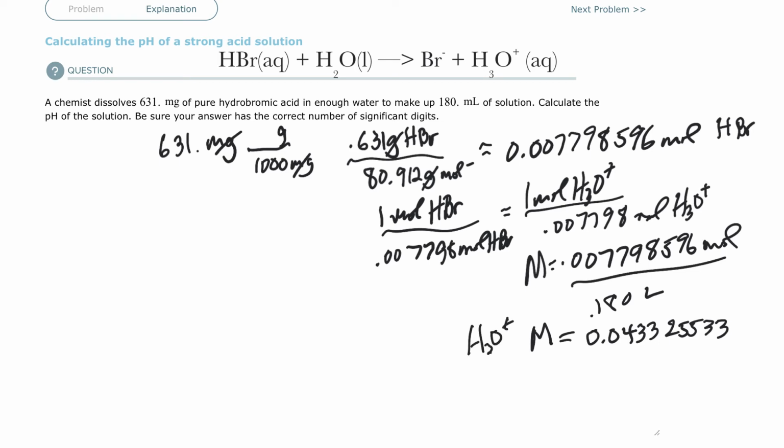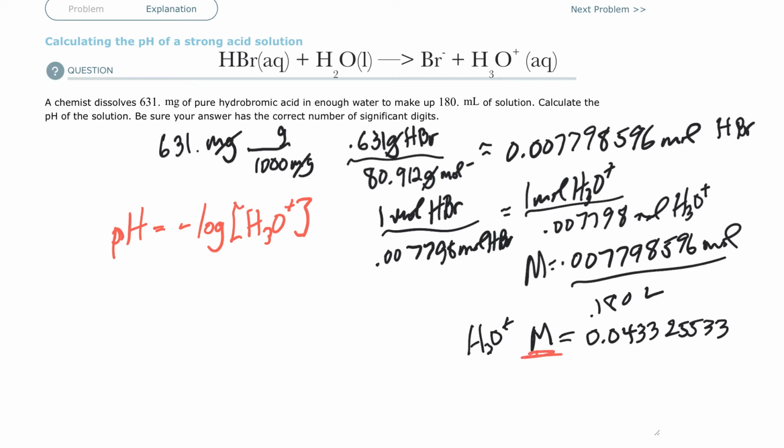Well, what's the next step? You're going to need to find its pH. I've got the molarity of it. What's the pH of it? Okay, so there's just one more step. The pH has a definition. pH is equal to the negative logarithm, base 10, so it's log on your calculator, of the concentration of the hydronium ion, which is your molarity.